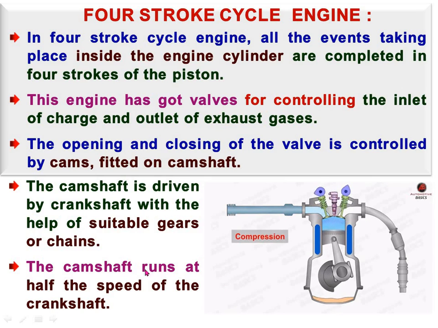The camshaft runs at half the speed of the crankshaft. For proper opening of the inlet and exhaust valves, it is necessary to have one revolution of the camshaft for every two revolutions of the crankshaft. So the camshaft rotates at half the speed of the crankshaft.